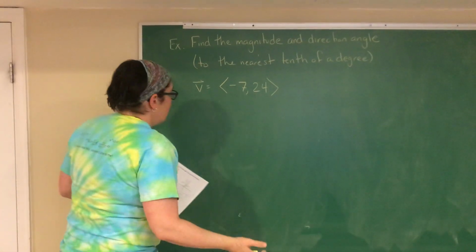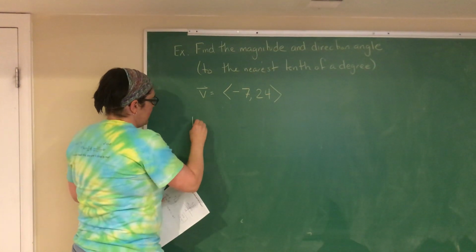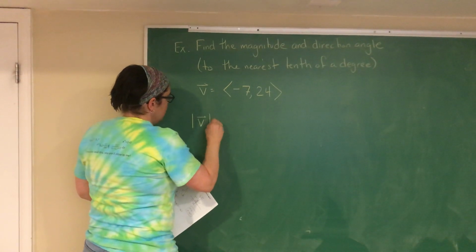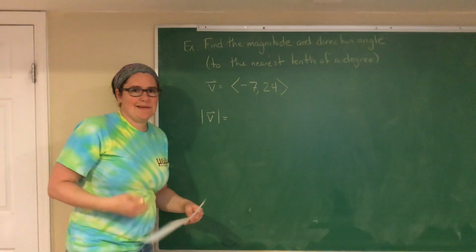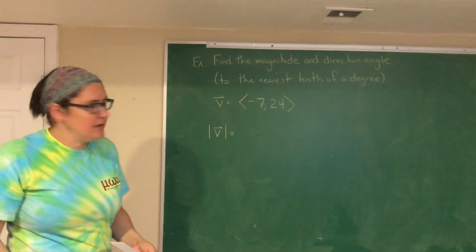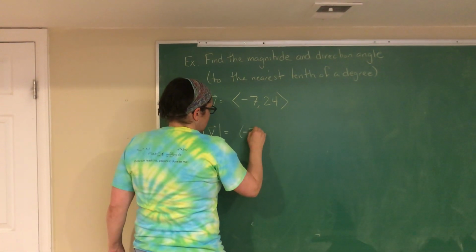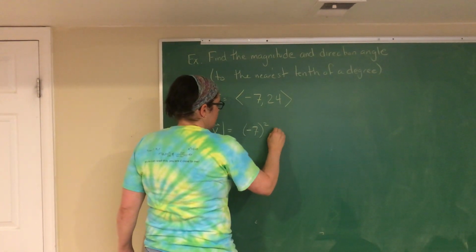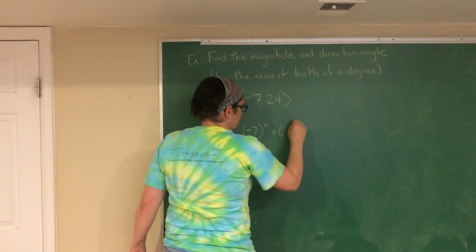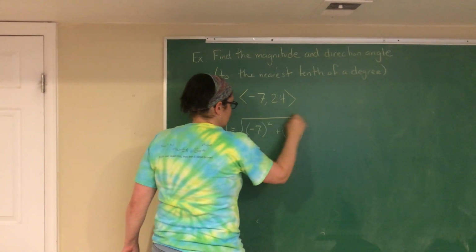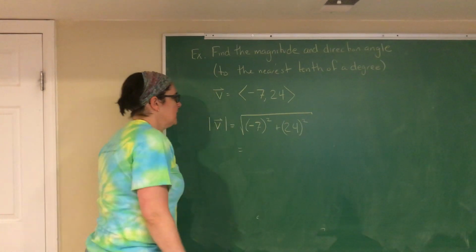Now right away I can immediately find the magnitude of this vector. I don't need to have any sort of picture. It doesn't really matter what the vector looks like. And to calculate the magnitude, I take the x component, -7 squared, plus the y component squared, and then I take the square root of all of that.